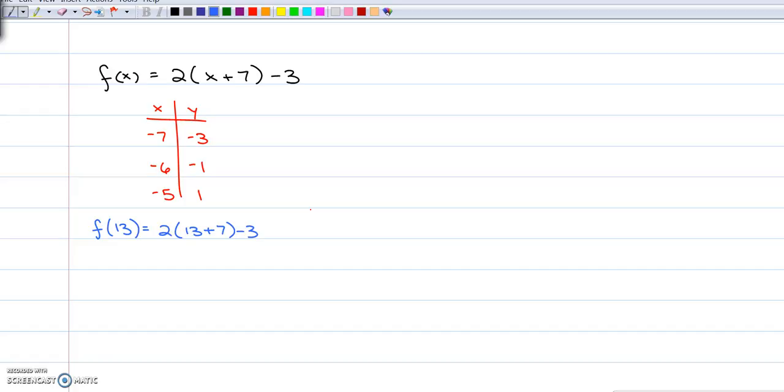F of 13 is going to come from 2 times 20 minus 3. You're going to get 40 minus 3. Your final answer for the f of 13 is that you have a point on the graph called 13, 37.